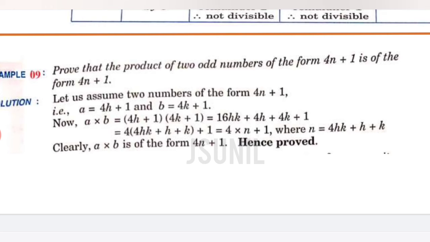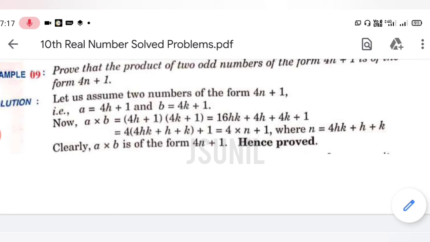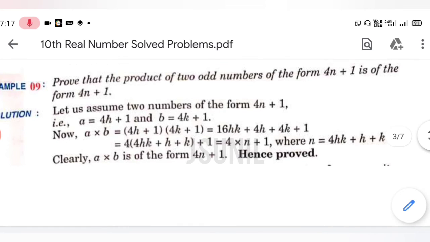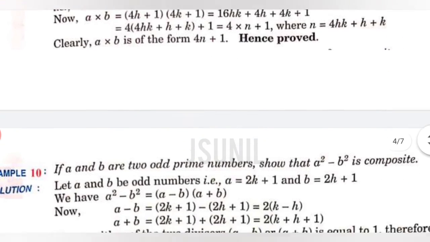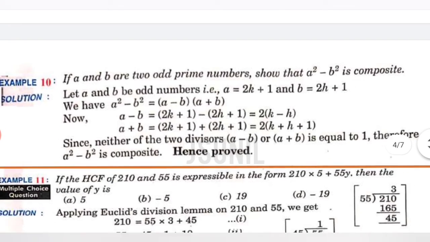When we multiply both numbers, we will get 4n plus 1, where the value of n is 4hk plus h plus k. Hence, the product of two odd numbers is of the form 4n plus 1. Now move to the next question, that is question number 10.